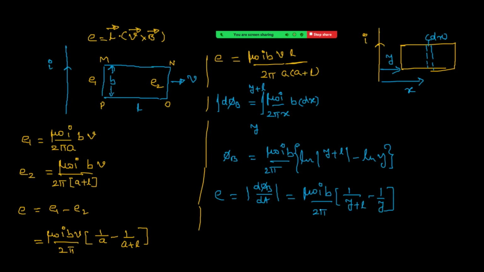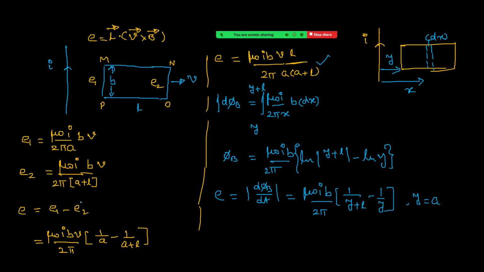Now in this, what is the y value? It is given that when it is equal to A, what is the EMF induced? So when y equals A, take the y value here as A, then we get the same answer again.